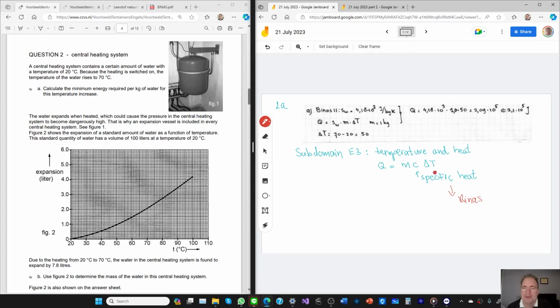Be sure to know where to find these basic material properties like specific heat. Then the mass, since they ask per kilogram, you can just substitute 1 kilogram in here. Substitute the specific heat and temperature change, and then you find the amount of joules required.